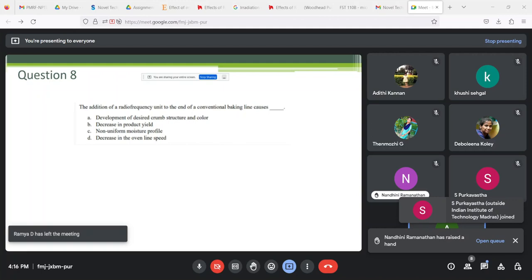So any clue what the answer is? So what happens when you have a radio frequency unit at the end of the baking line? Is it preferred or not?